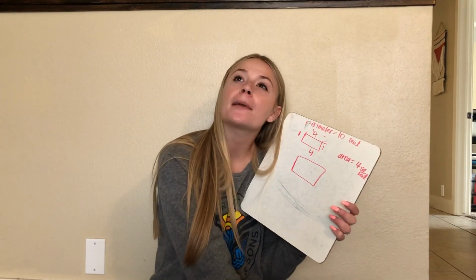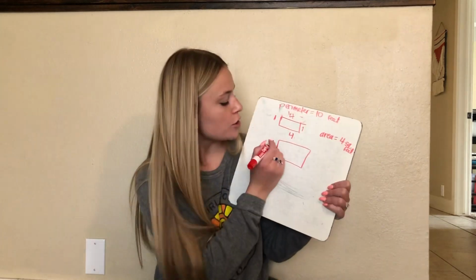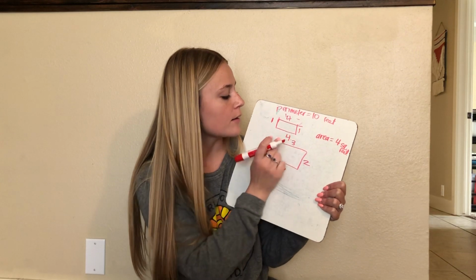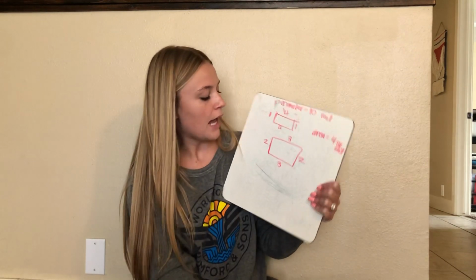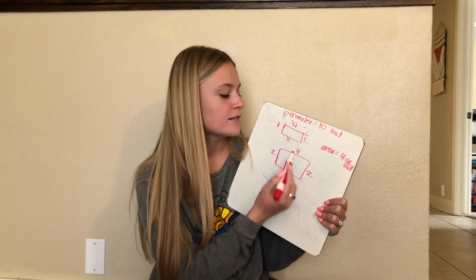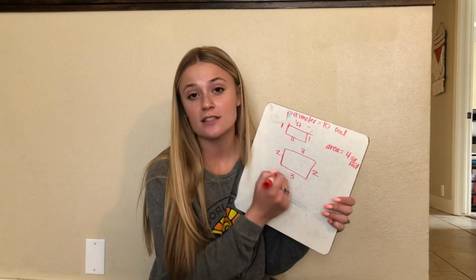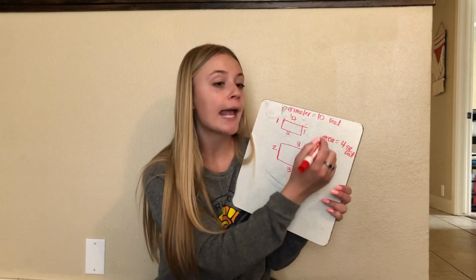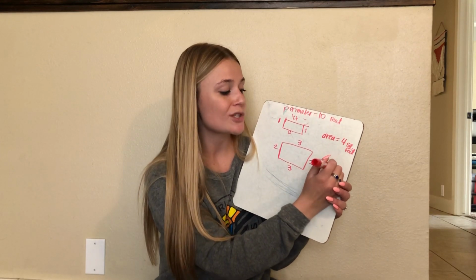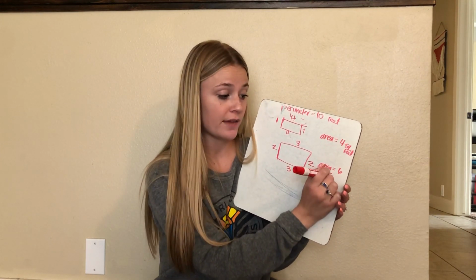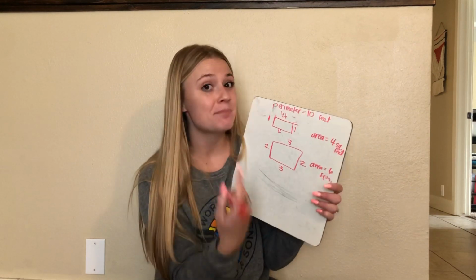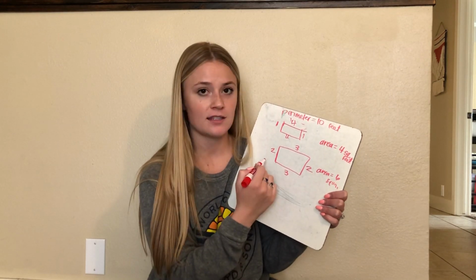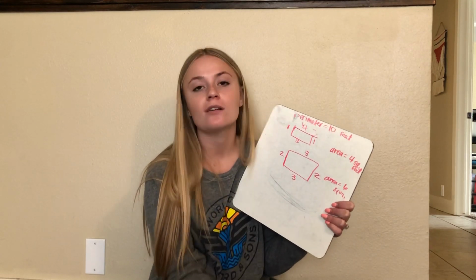So I'm thinking maybe I'll do 2 on the side, 3 on the top, 3 on the bottom. Okay, so 2 plus 3 is 5. So 5 plus 5 equals 10. So this does have a perimeter of 10 feet. Now 2 times 3, if I'm finding the area, equals 6 square feet. So this one is bigger than the other canvas, even though both perimeters equal 10 feet.